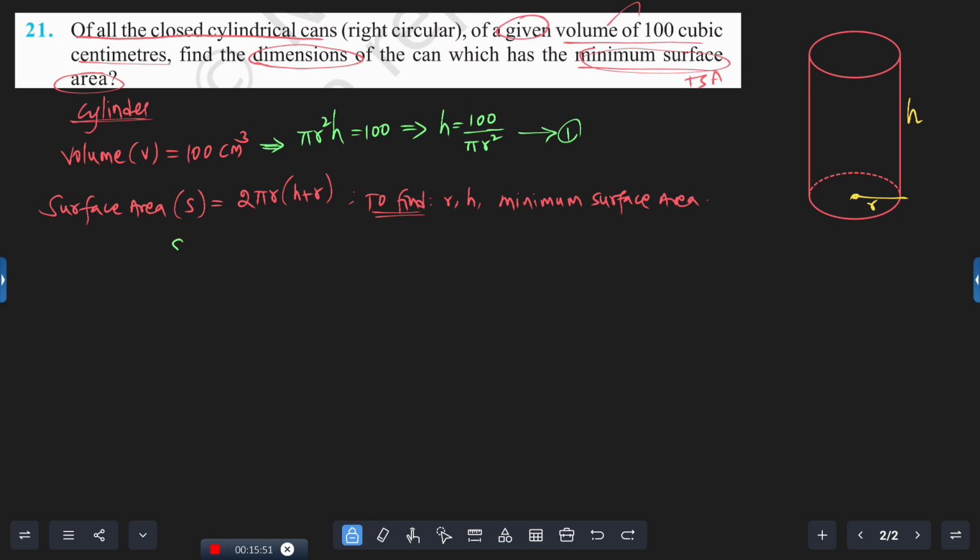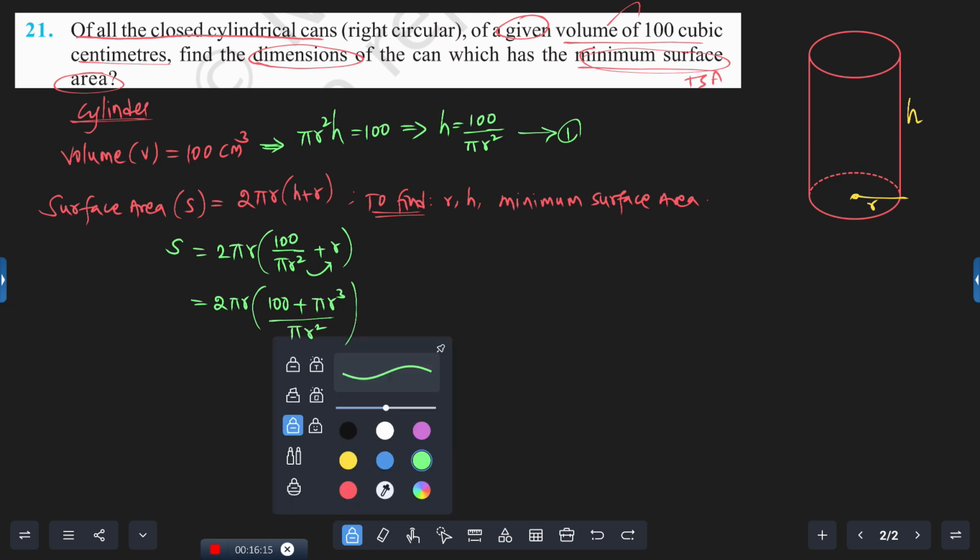Now you substitute. S is equal to 2 times pi r into h value, 100 divided by pi r square, plus r. We have to simplify this. Take cross multiply. I am getting 2 times pi r into 100 plus pi r cube, divided by pi r square. What is possible to cancel?